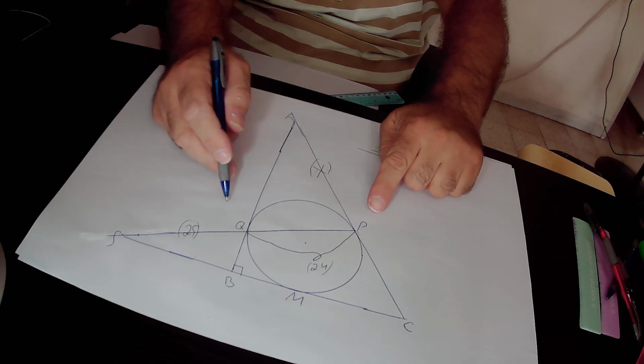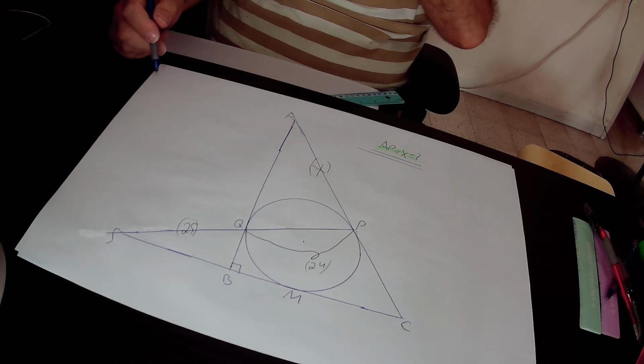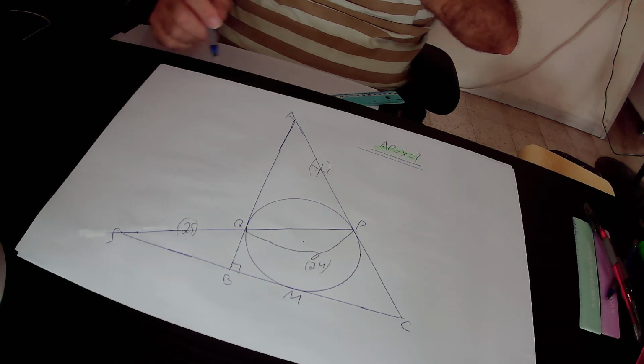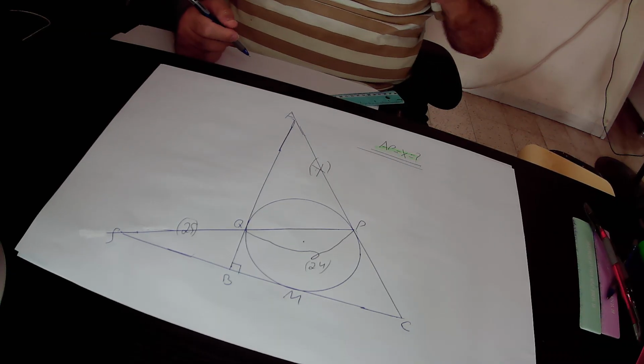PQ equals 24 units in its length. Again, our task is to find the length of this line segment AP, which equals x. We have to find the value of x.